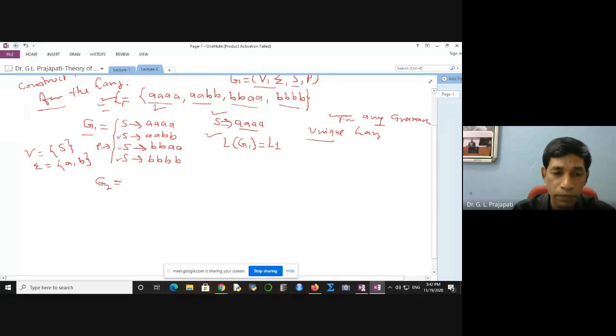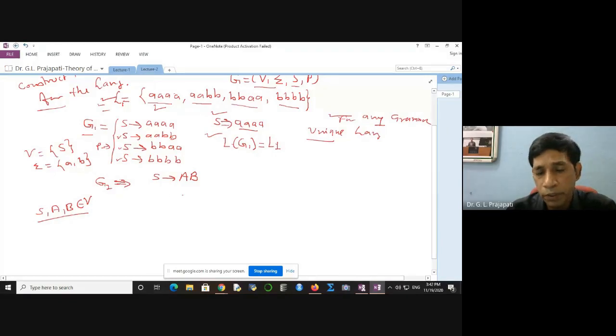For G2, you have S, which is the start symbol, and I may write here A and B. And you know that I have written capital A and capital B, which means A and B are variables, belonging to the non-terminal symbols. So this is the first production rule.